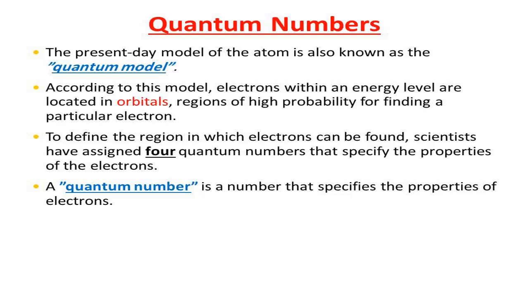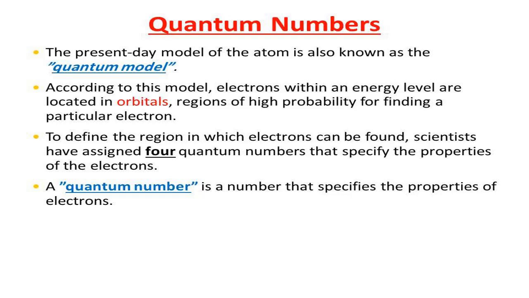In the quantum model, these scientists assume that the atom has the nucleus at the center and is surrounded by something called the electron cloud, and they mean by electron cloud that there is not a certain location for the electrons around the nucleus. You cannot assign a certain location for any electron around the nucleus.